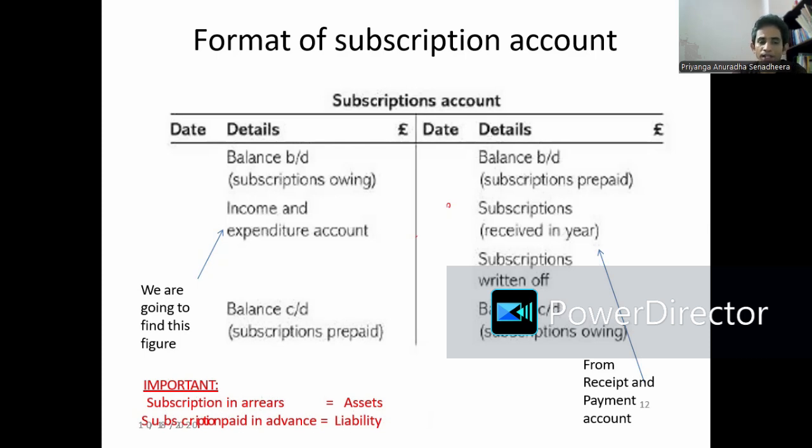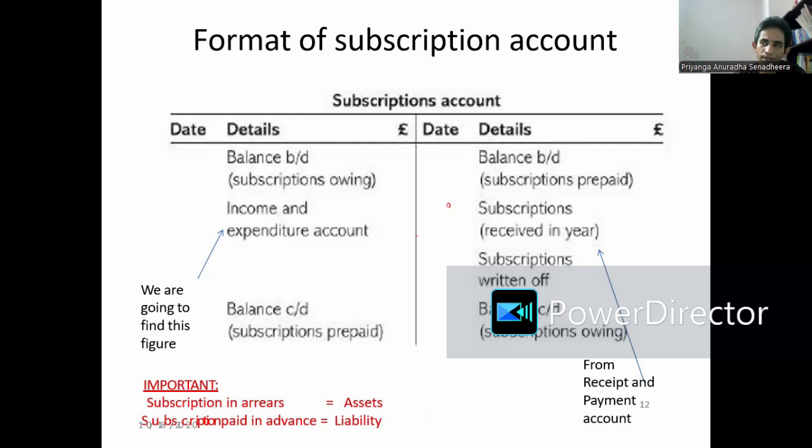Remember subscription in arrears. Now, when you are doing income statement, if arrears is there, we always consider it's an accrued outstanding figure. That is because the company has to pay that. But in this case, our club has to get this money from our members.